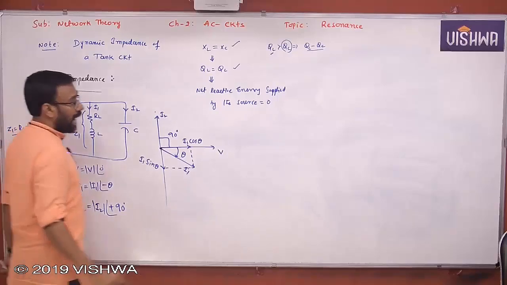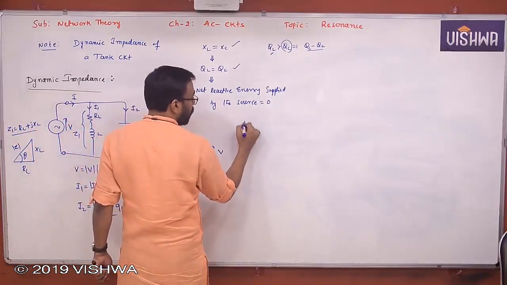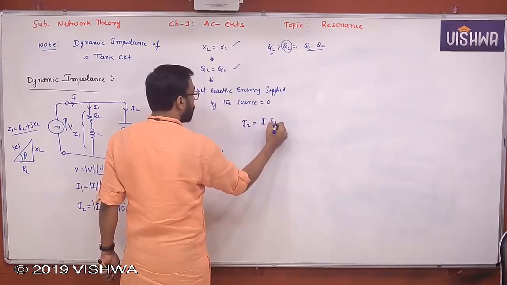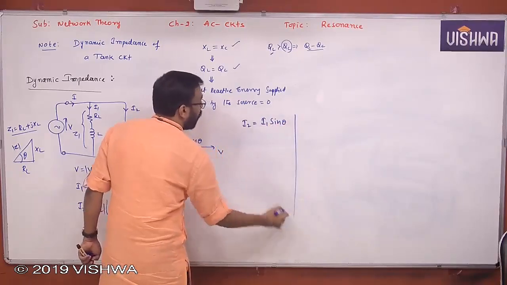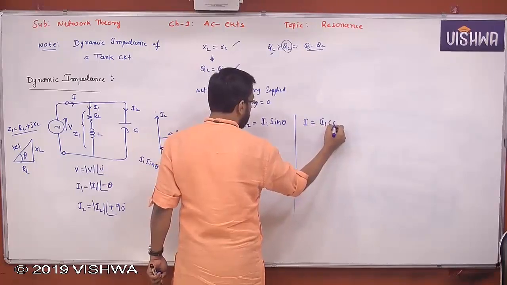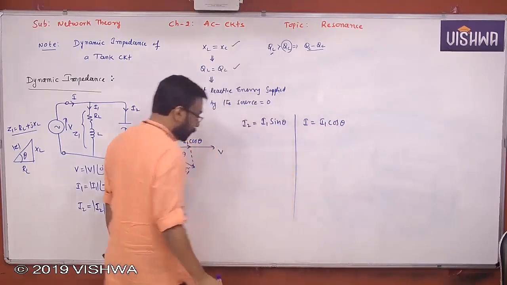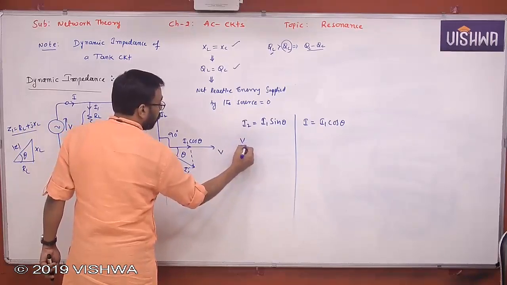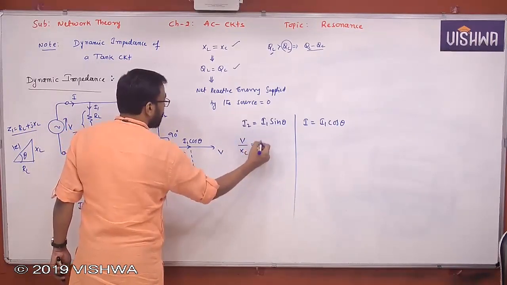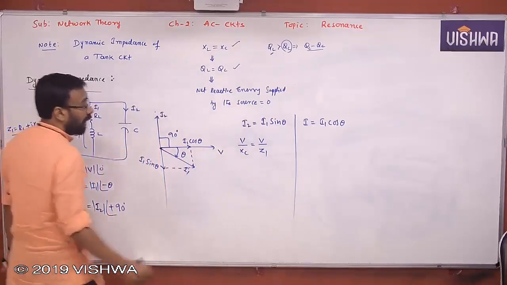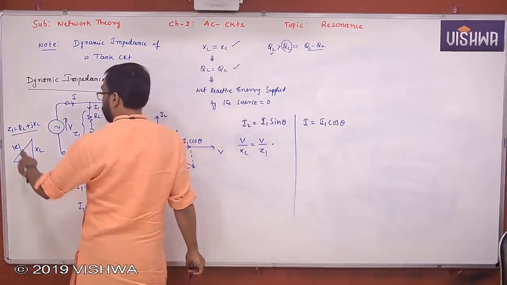Understand? So the first condition for the circuit to be resonant is that I2 must be equal to I1 sin theta. Once I2 is equal to I1 sin theta, no doubt I becomes I1 cos theta. Is it clear? Well, what is I2? V by Xc. What is I1? V by Z1.